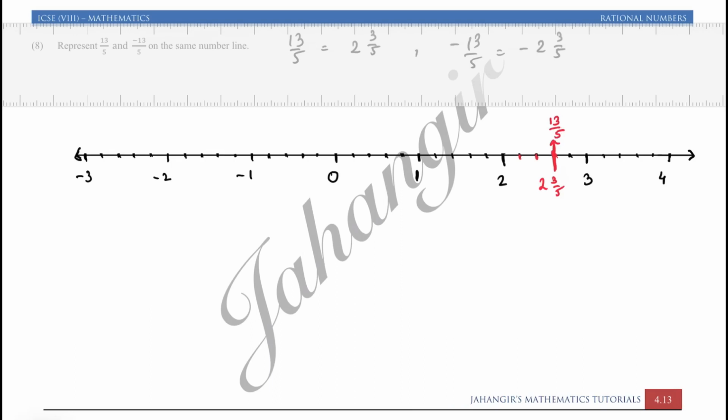Then the same way minus 2, 1 by 5, 2 by 5, this is minus 2, 3 by 5, which can be written as minus 13 by 5. Draw the number line neat and clean. See what I have done, that is also very neat and clean. The gap should be equal between each consecutive number. Okay.